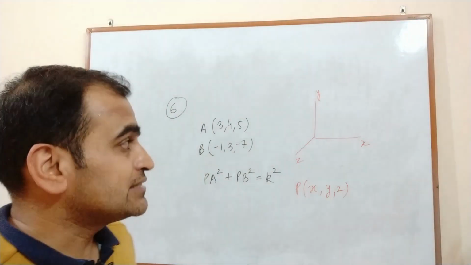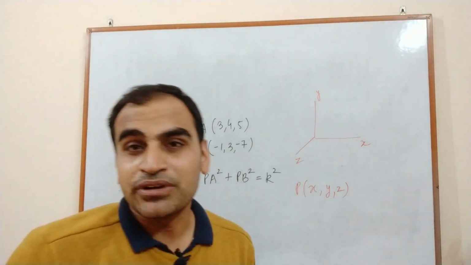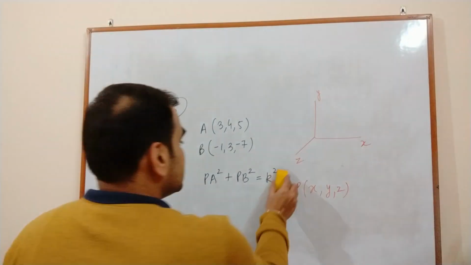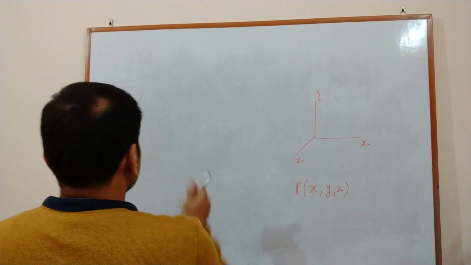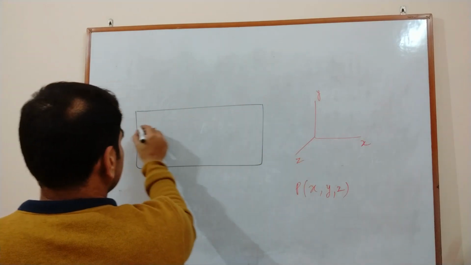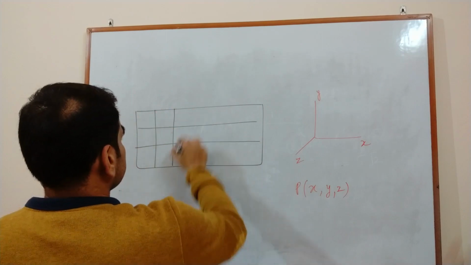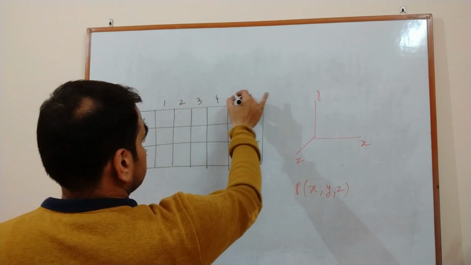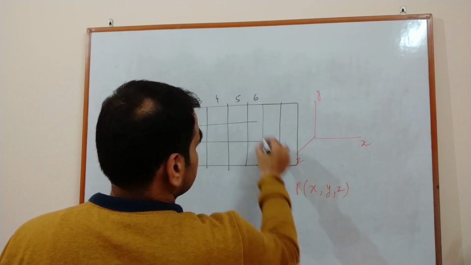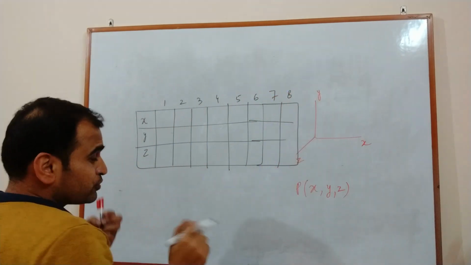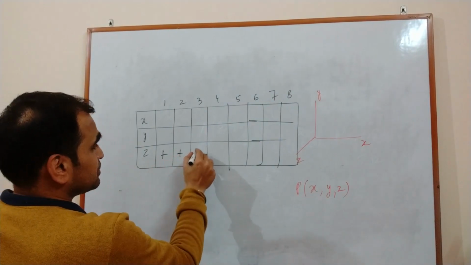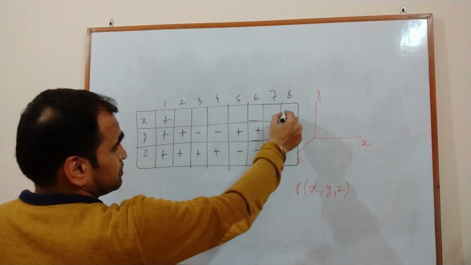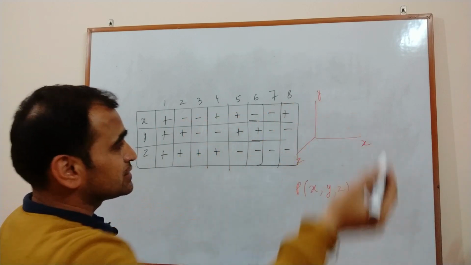There are 8 octants, and to check which octant a point lies in, we simply have a table of signs, with the help of which we can check it. Just to write the table roughly: plus plus plus, plus minus minus, and so on for all 8 octants. This is the way.